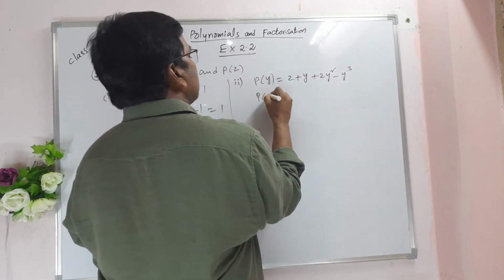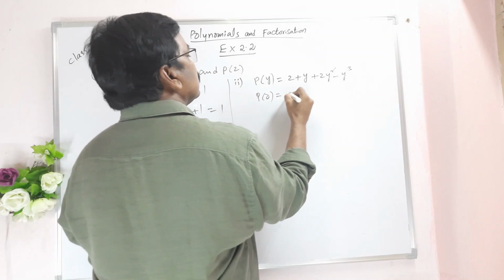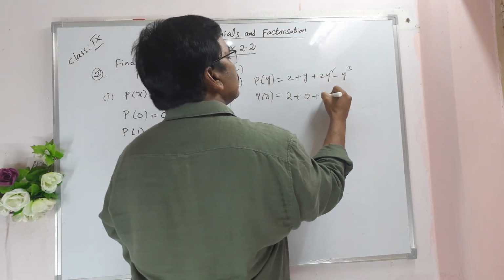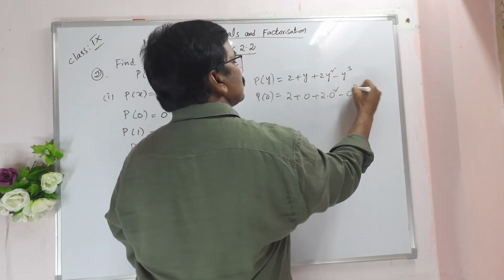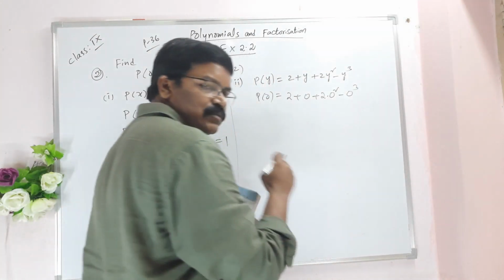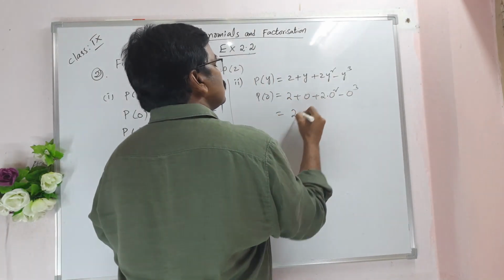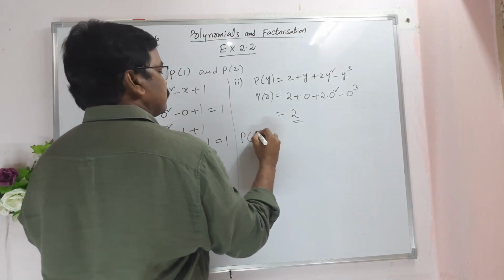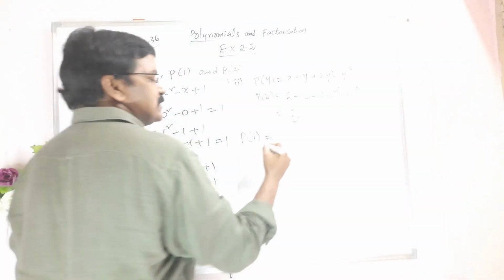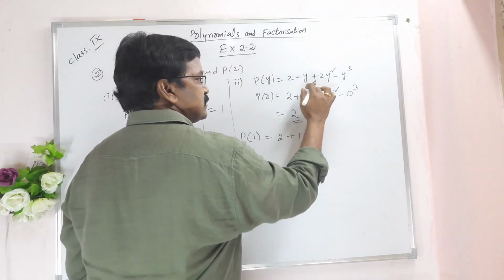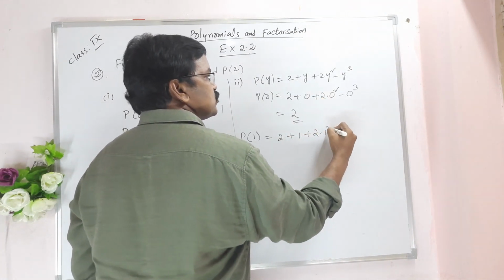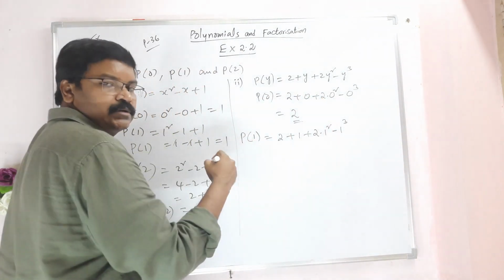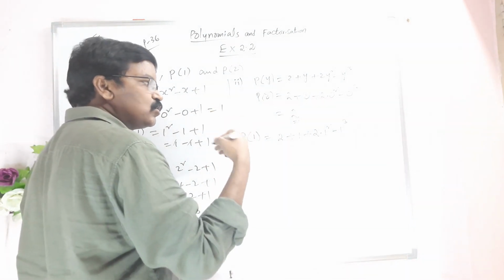Now first one is P of 0. 2 plus 0 plus 2 into 0 square minus 0 cube. So this all will get 0. So this is 2. Next one is P of 1. P of 1 means again 2 plus 1 plus 2 into 1 square minus 1 cube. So substitute y is equal to 1 there.